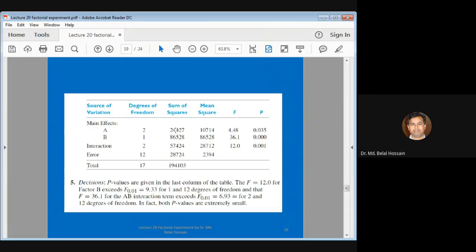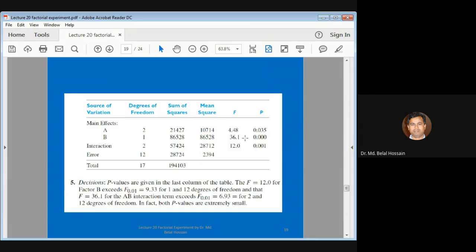If you divide the sum of squares by its degrees of freedom, you get the mean sum of squares. If you divide that mean sum of squares by the error mean square, it produces the F statistic, and the computer can produce the p-values based on this F statistic.